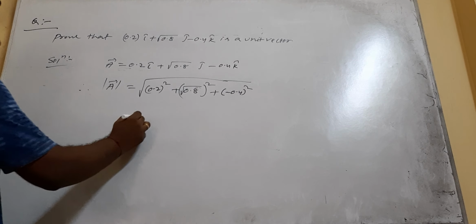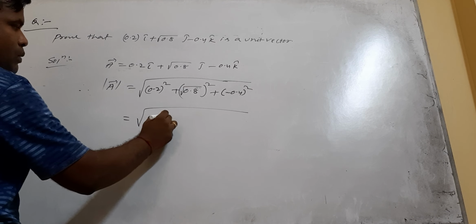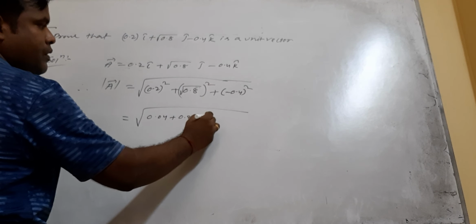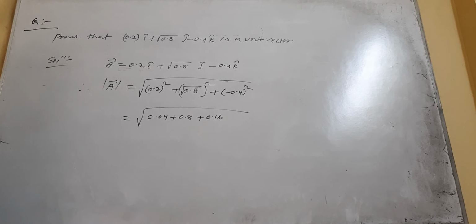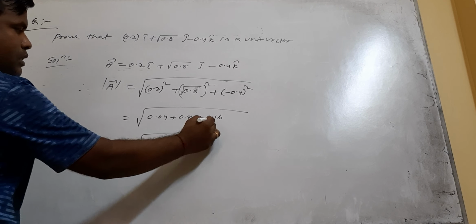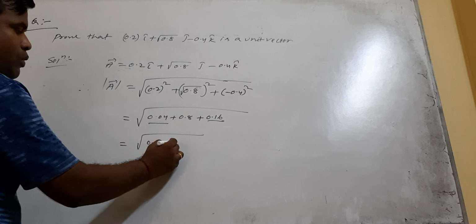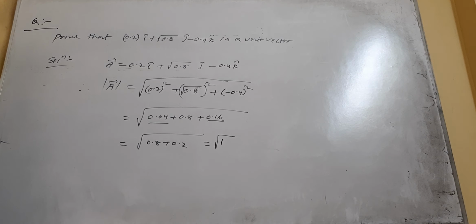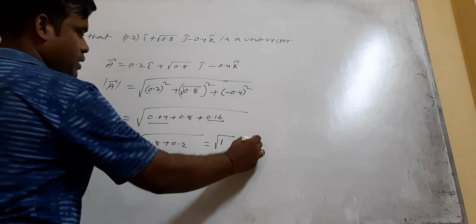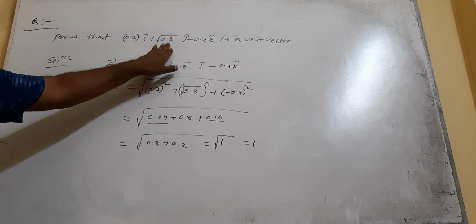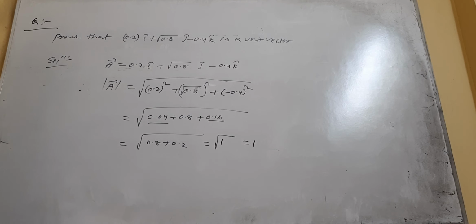So this is equal to 0.04, 0.8 and 0.16. Now 0.8 plus this, that is 0.2, is root over of 1, that is equal to 1. That means 0.2 i cap plus root over 0.8 j cap minus 0.4 k cap is a unit vector.